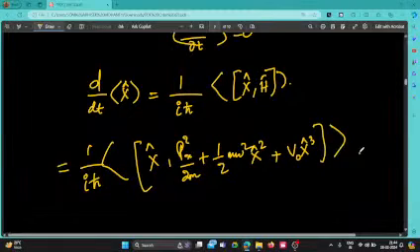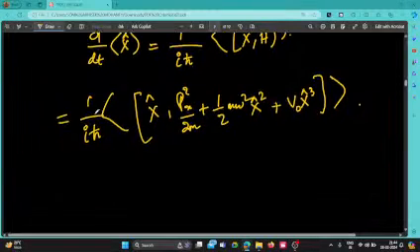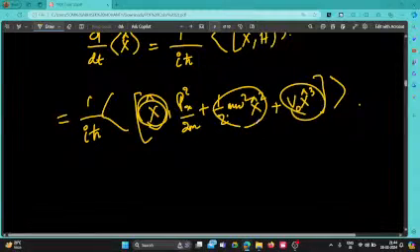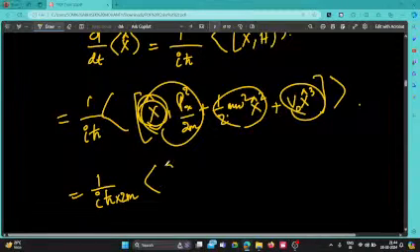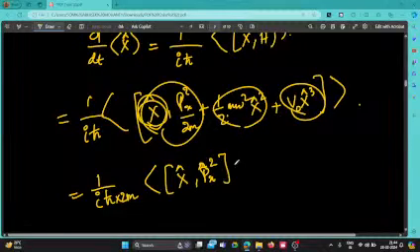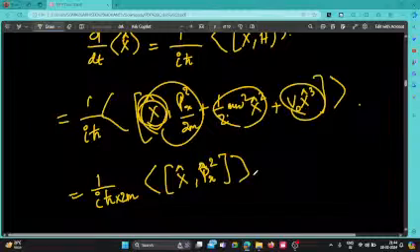If I take it term by term, the commutator of x with the second term will be 0, and with the third term will be 0, so we only take the first one. So 1 by iħ, and 2m also goes out, expectation value of the commutator of x and px square. So how will we do it?